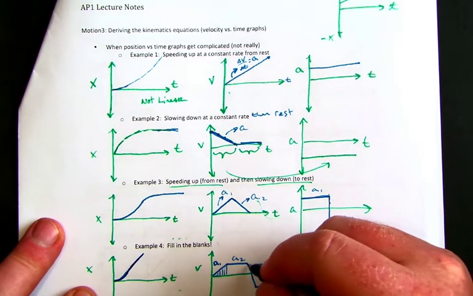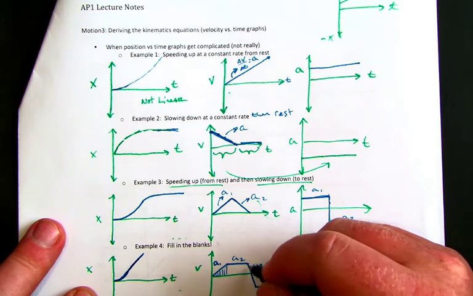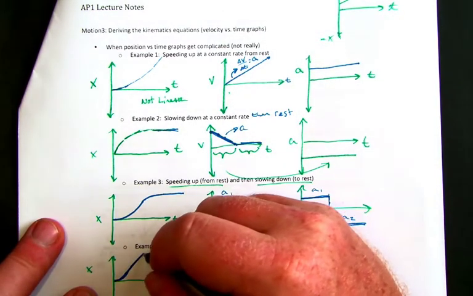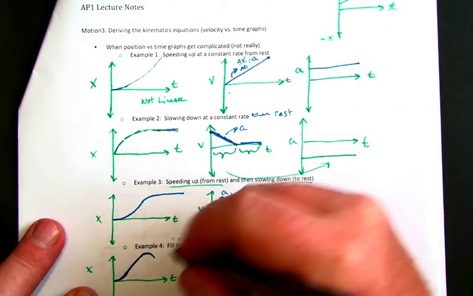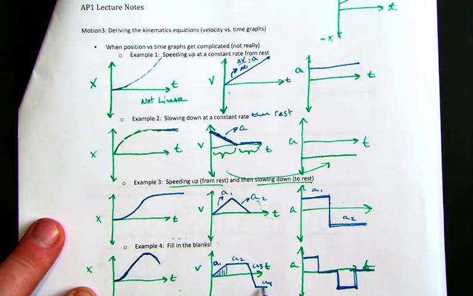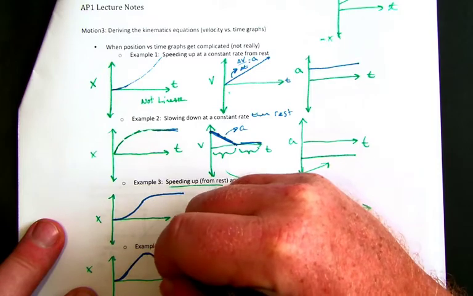Then, now my velocity starts to decrease at a constant rate, and it becomes actually negative. All right? So the slope of this is my velocity, so it's going to decrease and become negative, and then it's going to stay at a negative velocity, which means now I have a negative linear slope, like that.